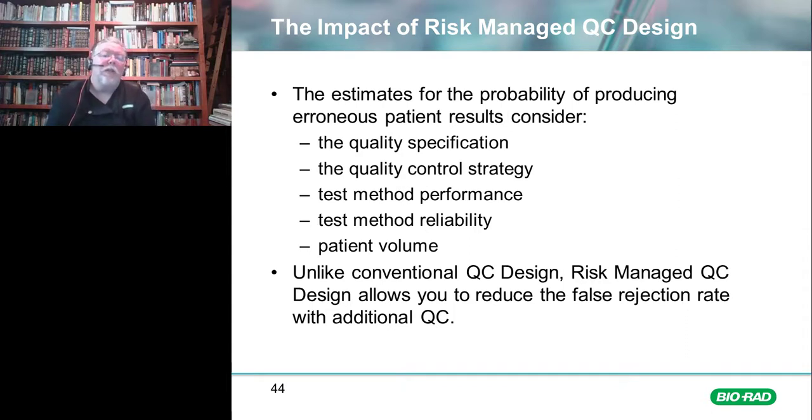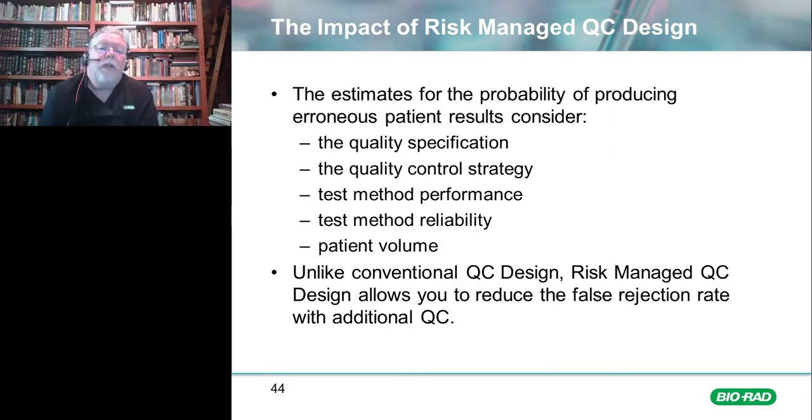And so some of the things that we have to consider are the QC strategy specification, the QC strategy itself, how frequently am I doing QC, what QC rule am I using, how much QC, and then what is my test method performance? Because the test method performance is going to affect all of these things. And then when I'm looking at my out of control estimate of how many erroneous results are produced when I go out of control, well, it depends on how frequently I am going out of control.